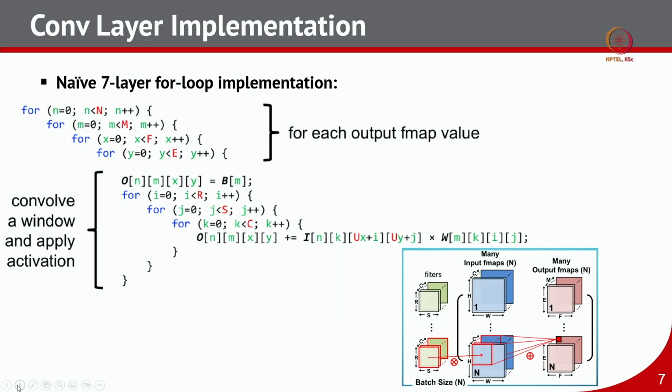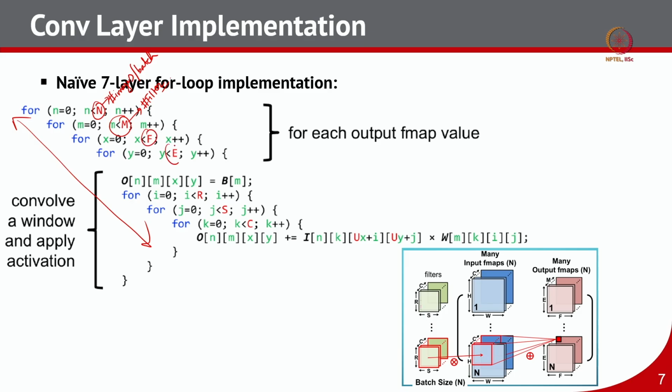Then we saw how to implement a convolutional layer. I will not go into the detail, but you can see that we have a 7-layer for loop. The loop goes for n equals 0 to N, where N is the number of images per batch. Then for m equals 0 to M, the number of filters, which is also the number of channels in the output feature map.